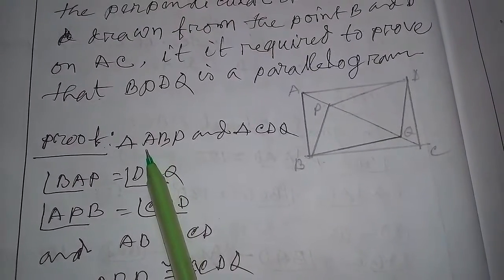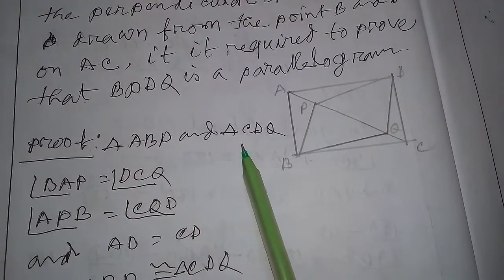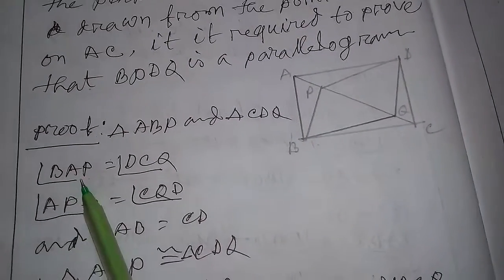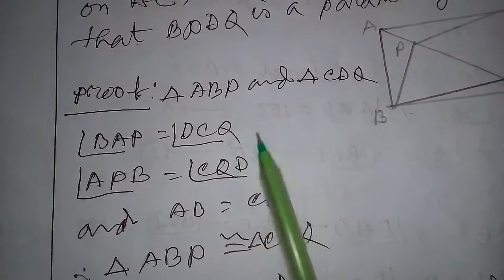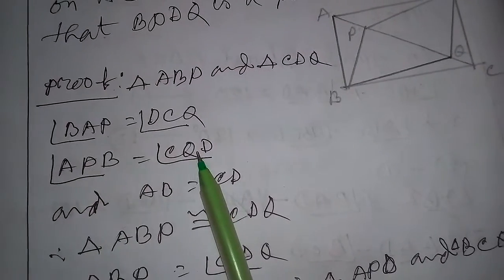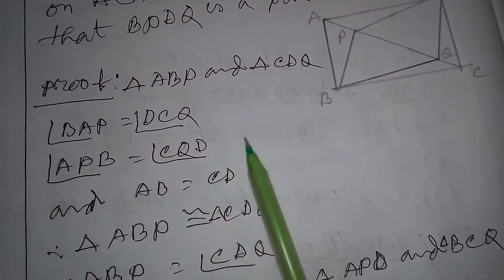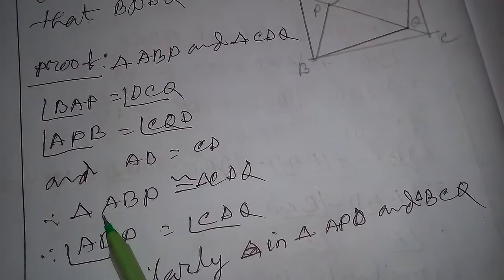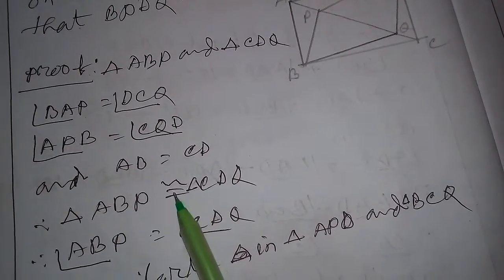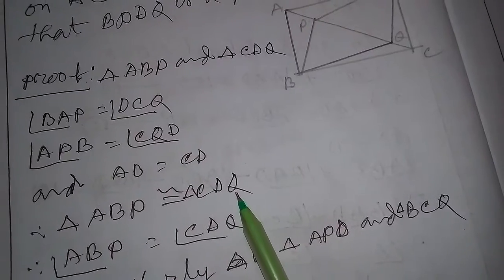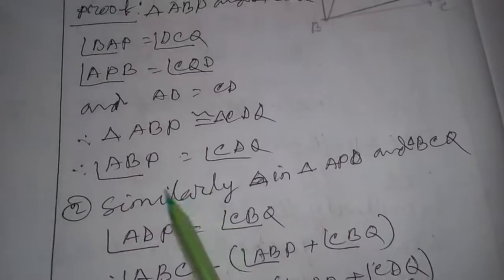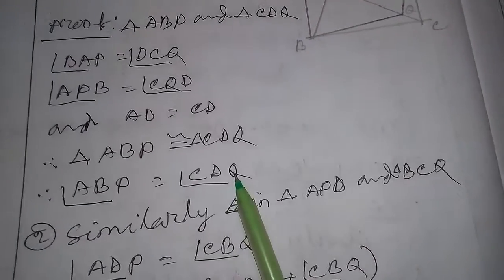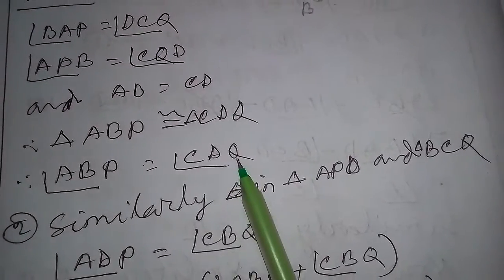In triangle ABP and triangle CDQ, angle DAP equals angle DCQ, angle ABP equals angle CQD, and AD equals CD. So triangle ABP is congruent to triangle CDQ, and angle ABP equals angle CDQ.